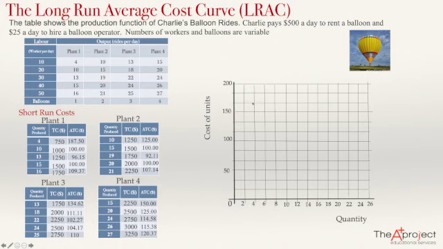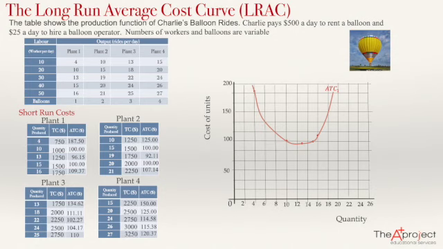So I can get all the points that I need for making this graph. Okay, so we have a graph that will be just joining the points that we have so far, and then we have a curve for the short run when we have plan 1. Let's call it ATC1. So this will be the average total cost when Charlie is using 1 balloon.